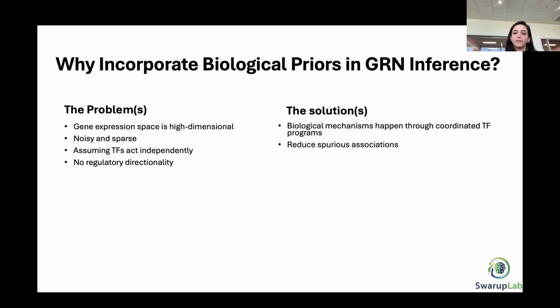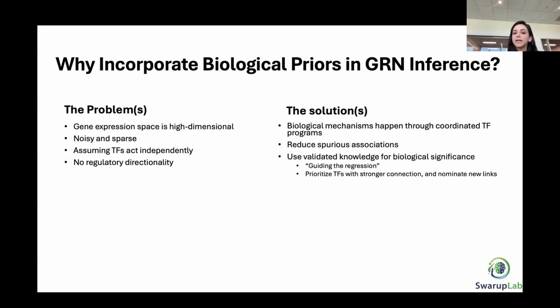If we include that information, we reduce spurious associations, and we guide the regression or the estimation of making these networks. And if we do see new links, then we have a little bit higher confidence that the new things we find make sense biologically.